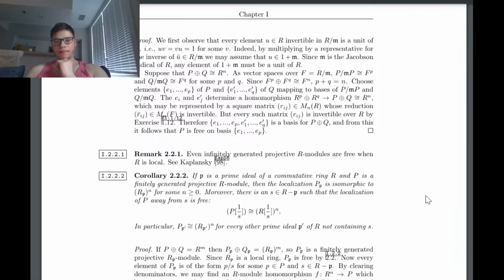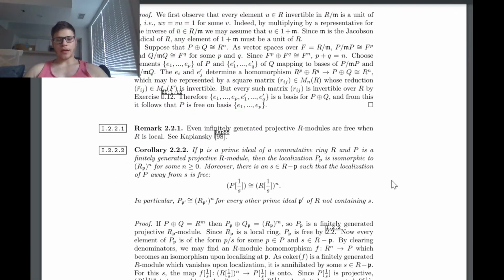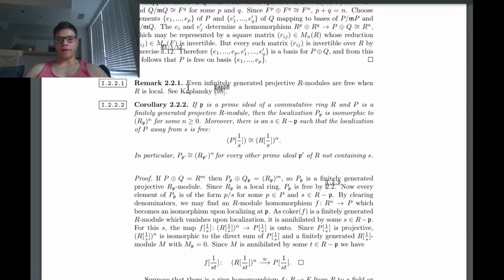Okay, let's see. Even infinite, so if P is a prime ideal of a commutative ring and P is a projective R module, then the localization is free. So yeah, projective modules are locally free.